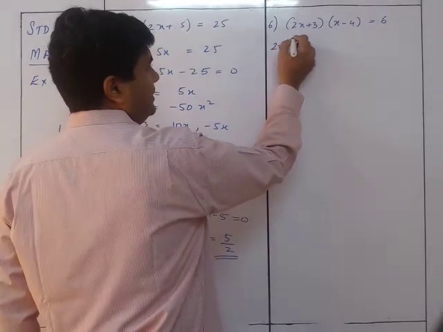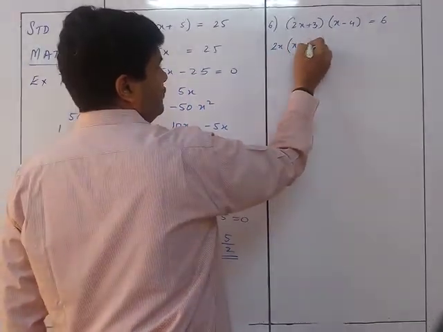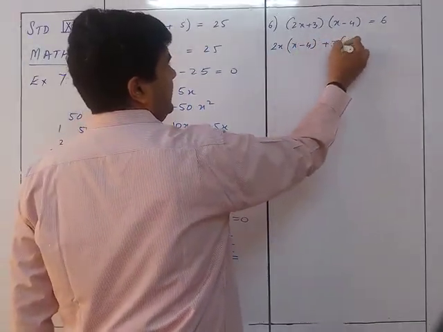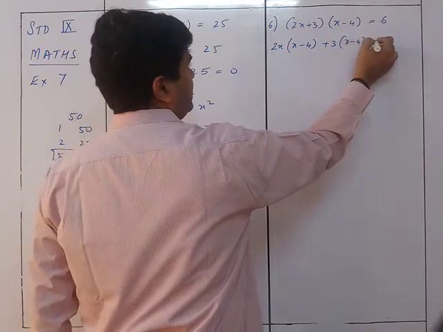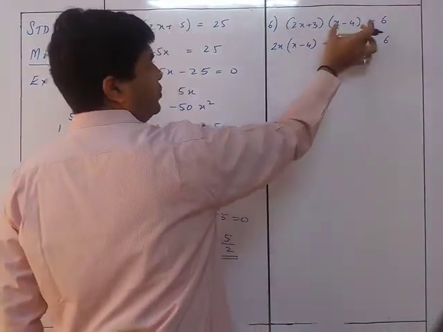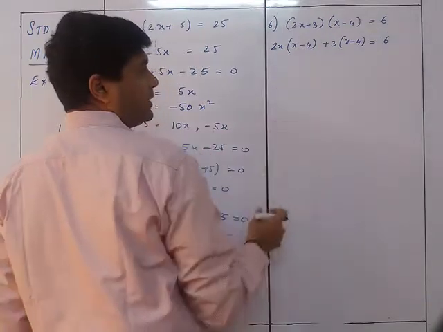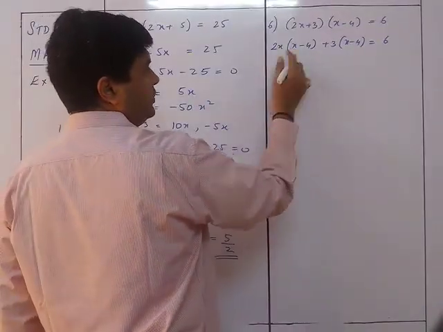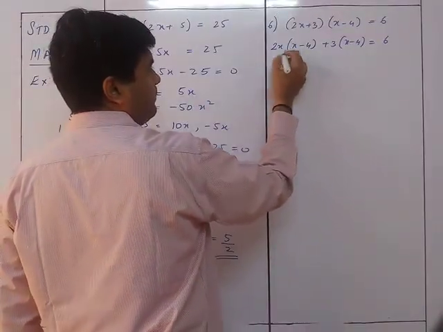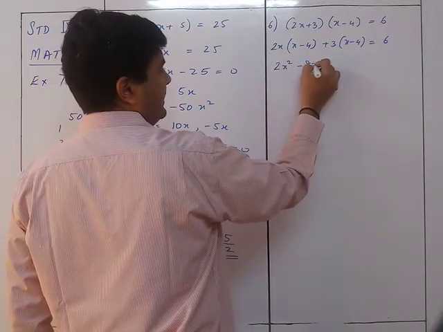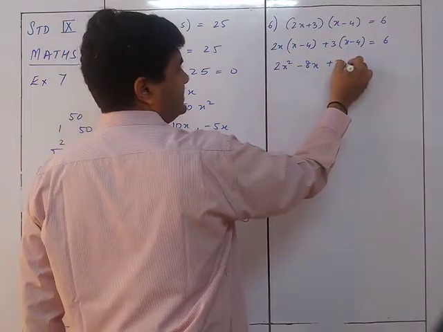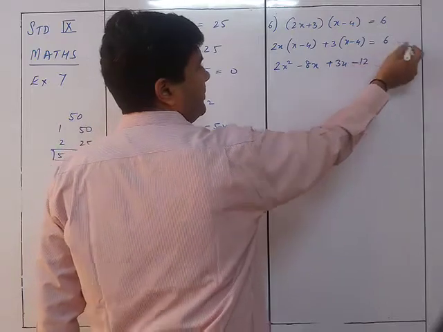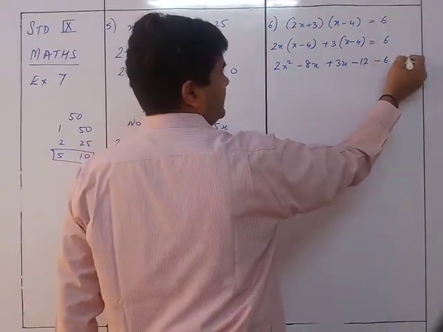First 2x, and write the whole x minus 4, and then plus 3 into x minus 4 is equals to 6. This into whole bracket, this into whole bracket. Okay. Now multiply. 2x into x is 2x square. This is minus 8x plus 3x minus 12. Bringing this over here, minus 6 is equals to 0.